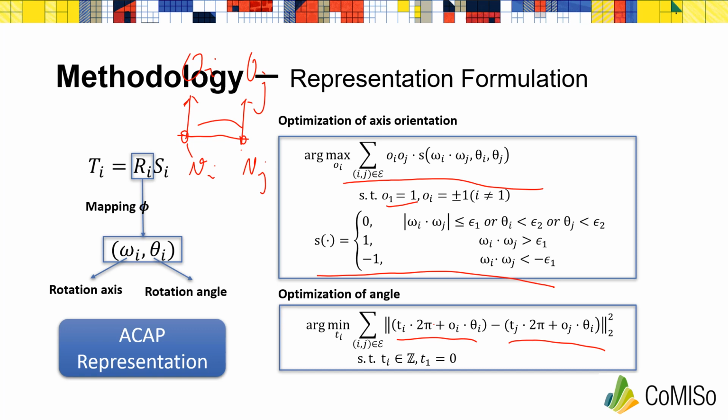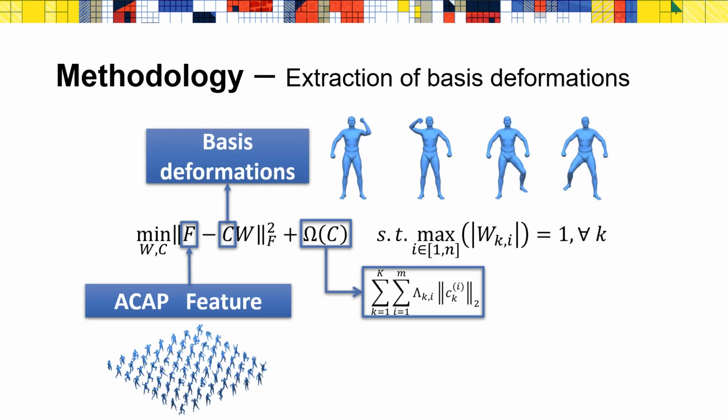Here we use the square to measure the difference. From the previous optimization, we get the rotation angle and rotation axis here. And next we want to get the period. Again using the solver, we can get the period. And now we get the as consistent as possible deformation representation.